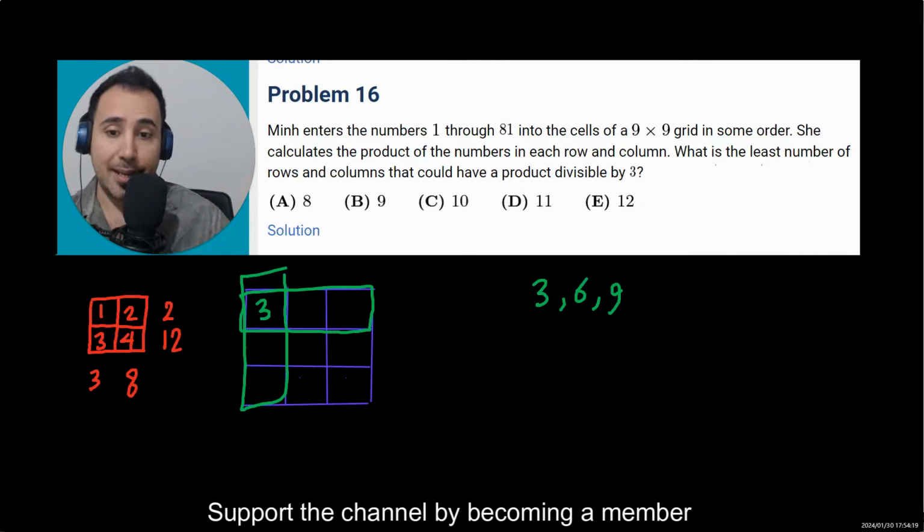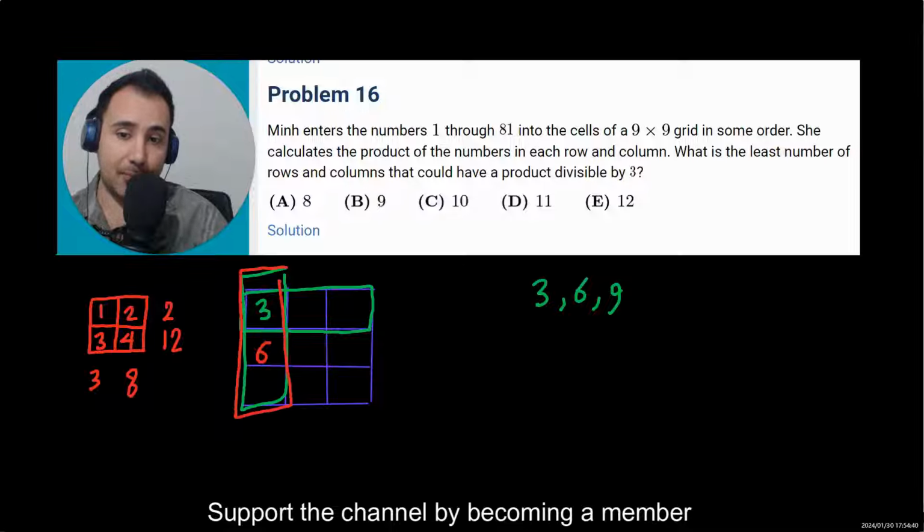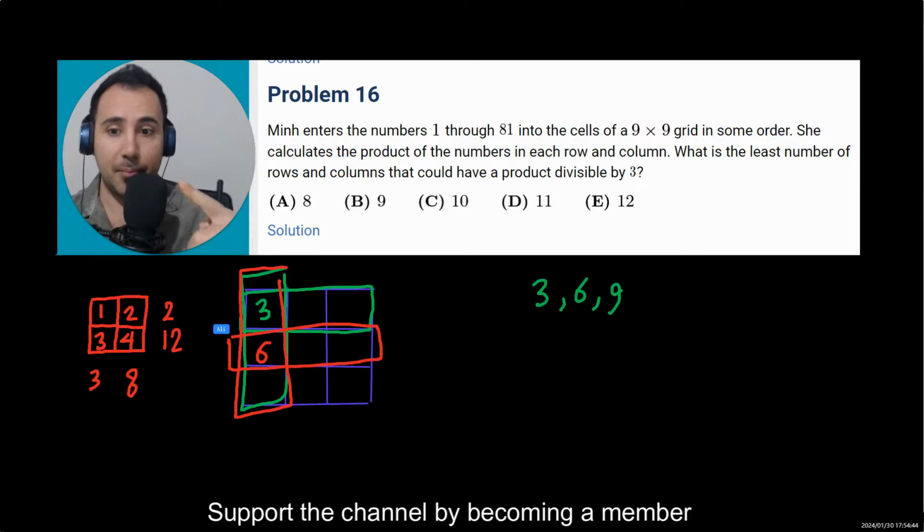Now, if I put 6 here, what happens? Then one more row and one more column will also be divisible by 3. So it will be 4. But if I put 6 here, this one is already divisible by 3, and so is this one. So it will be only 3, not 4.